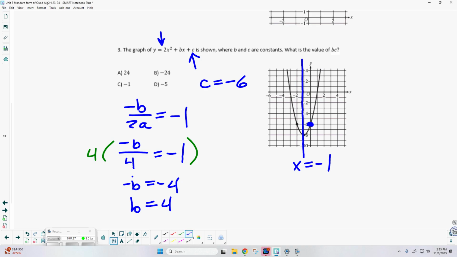Okay, so what's b times c? -24. And there are other ways that you could have done that problem, especially with the graph, but based on what we've talked about so far, that probably would have been the way I think a lot of people did it. Okay, anything else?